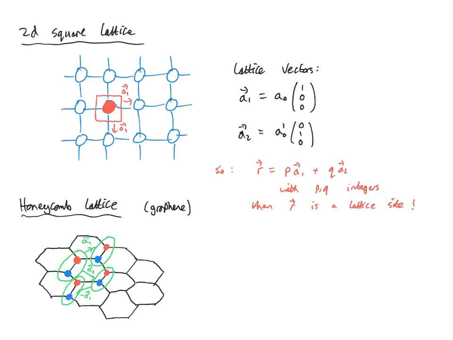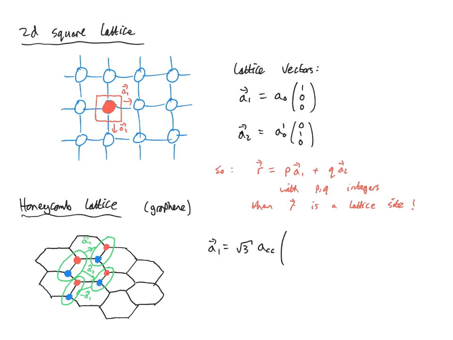The only remaining thing is to write down what A1 and A2 are, and here you just have to use a little bit of trigonometry, but it's not so hard. It's actually equal to this, and I'm writing here a constant distance, a_CC, which is supposed to be the nearest neighbour distance between the carbon atoms of this graphene lattice.